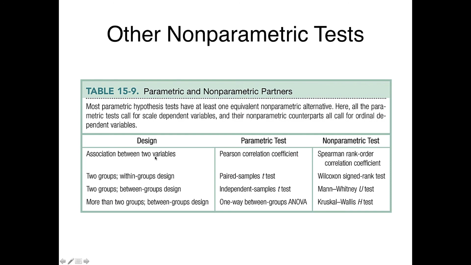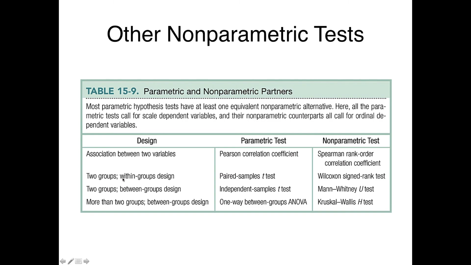If those 2 variables are both either interval or ratio, then we can use a parametric test, a Pearson correlation coefficient. And that's what we covered in our lecture on chapter 13 on correlation. But if one or both of those is an ordinal variable, then we would use what's called a Spearman rank order correlation coefficient. And the process for that is just a little bit different.